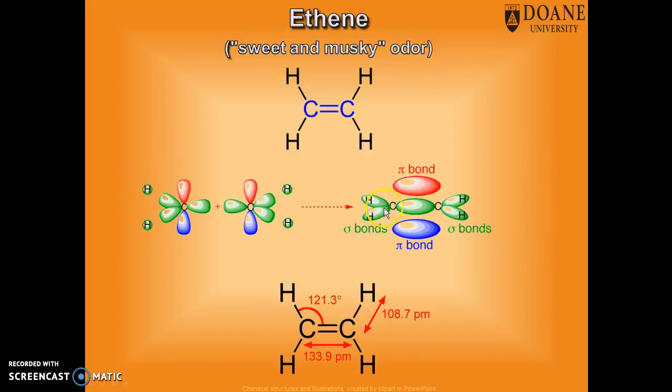Hydrogens come in and bond for the sigma bonds as here, and then these 2 p orbitals right here, those red and blue dumbbell-shaped orbitals will overlap here to form the pi bond, which is the double bond. Looking at the geometry, the bond angle between this carbon-hydrogen bond and the carbon-carbon bond is 121.3. That leads to the fact that this is a trigonal shape, so it is a flat molecule.